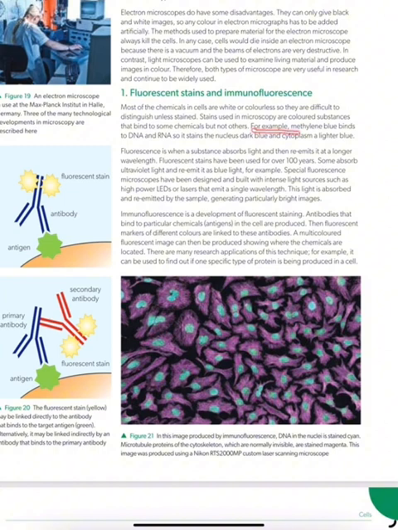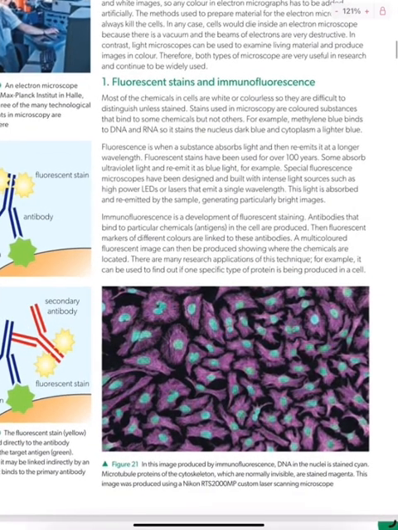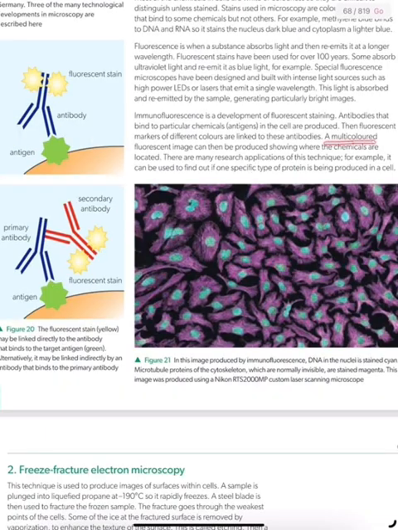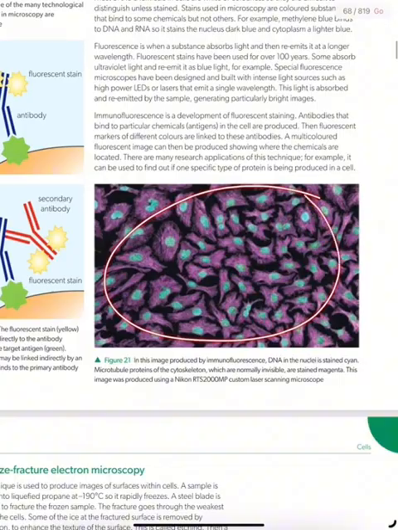So for example, methylene blue binds to DNA and RNA, so it stains the nucleus dark blue and cytoplasm a lighter blue. Fluorescence is when a substance absorbs light and then re-emits it at a longer wavelength. So by using this, we can generate particularly bright images. A multicolored fluorescent image can then be produced showing where the chemicals are located. You can see in this one.